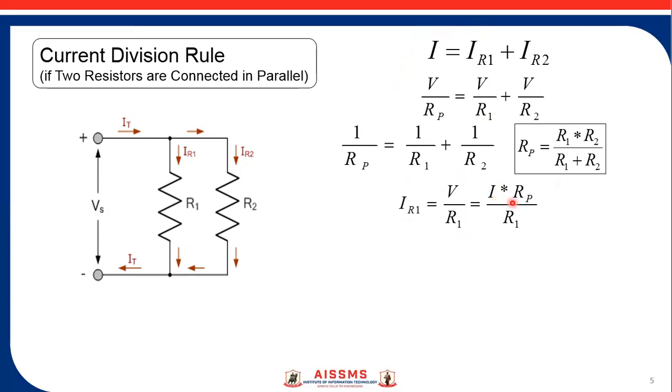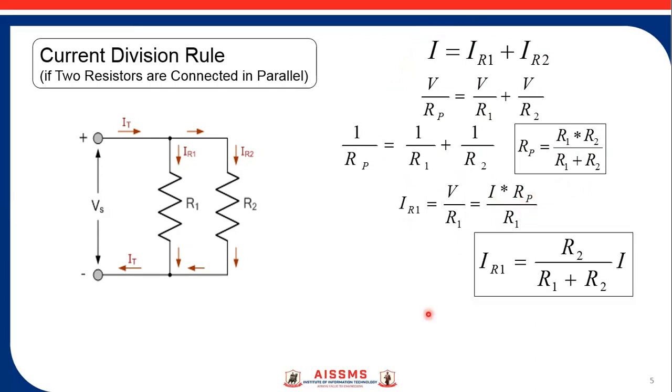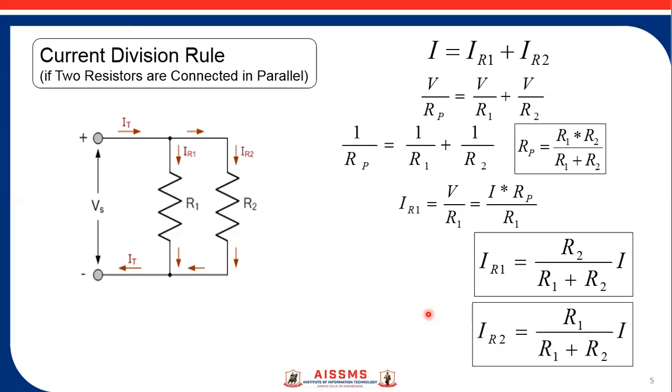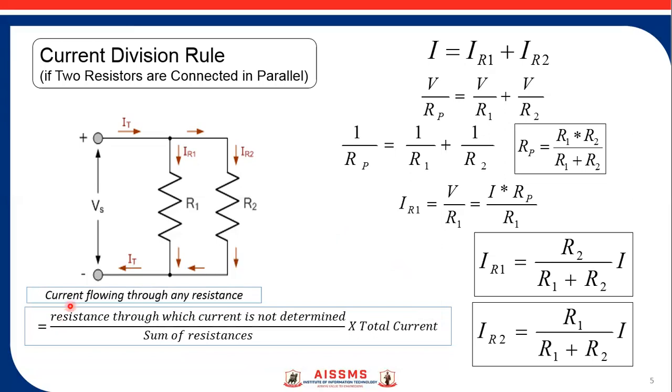Putting this Rp value here, we finally get IR1 equal to R2 divided by R1 plus R2 into main current I. Similarly, IR2 equal to R1 divided by R1 plus R2 into main current I. The current flowing through any resistor is equal to the resistance through which current is not being determined, divided by the sum of resistances, into total current.